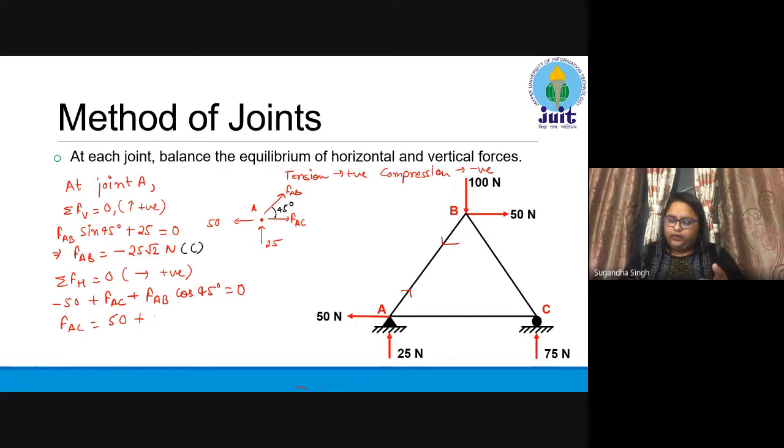So plus 25 root 2 into 1 over root 2. So FAC comes out to be 75 Newton, and because the answer is positive, it is tensile in nature. So this we show like this on the truss.